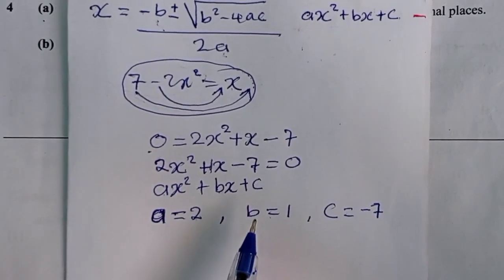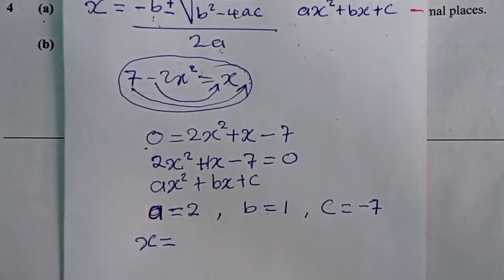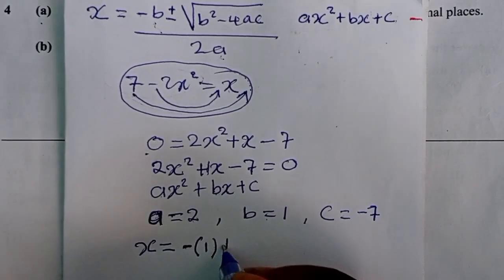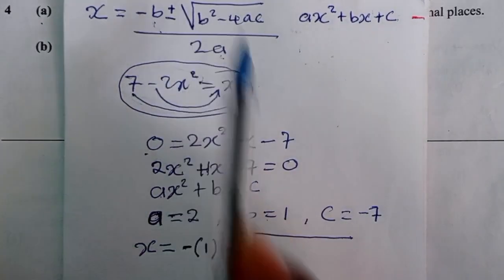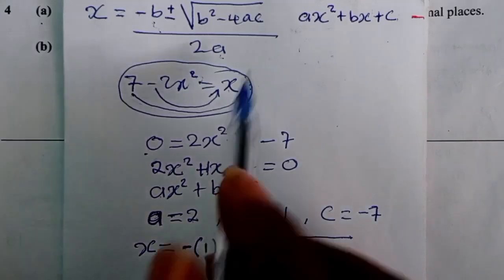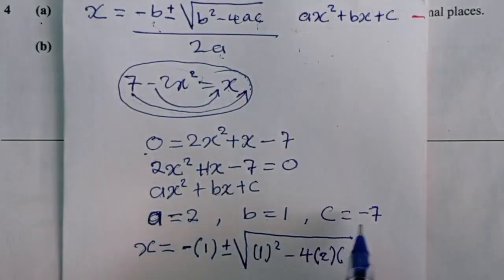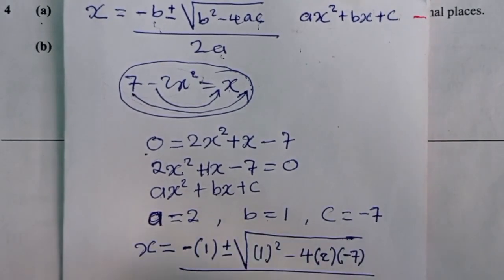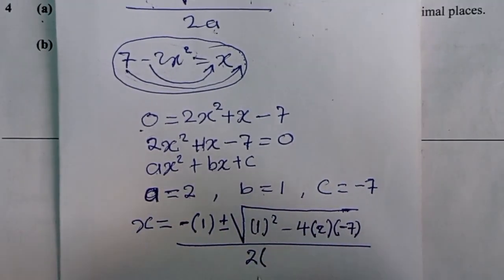So x equals negative, where there is b, 1, plus or minus the square root, where there is b we substitute 1, so it will be 1 squared minus 4 times, where there is a, 2, where there is c, negative 7, over 2, where there is a, we substitute 2.